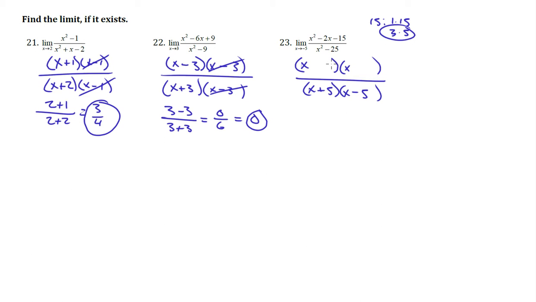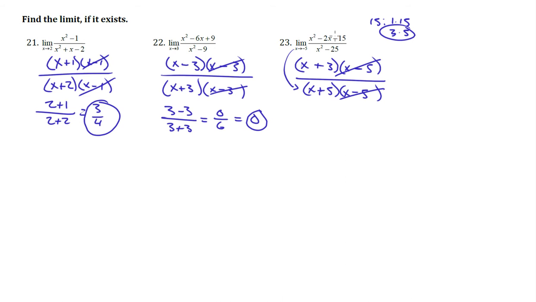So we'll do x and x. 3 and 5, doesn't matter which one goes where. And then we know that these two numbers here have to add up to -2. So it'd have to be -5 plus 3. Okay, these x minus 5s will then reduce out. Now, problem is, if we put -5 in here, -5 plus 5 does give us 0. So we know that we cannot do that.